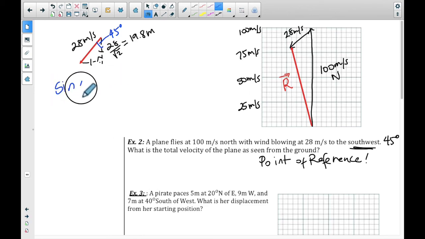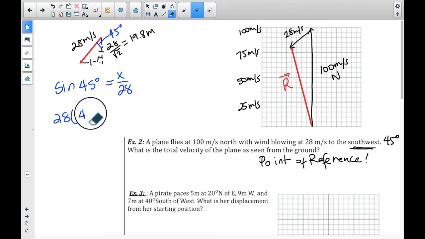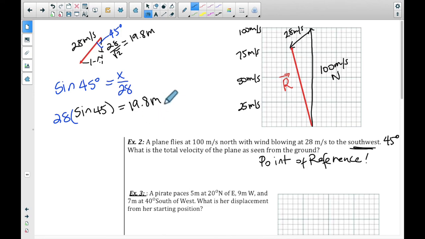We could say the sine of the 45 degree angle is opposite over hypotenuse. So to solve for x, on my calculator I'm going to take 28 times sine 45, and I also get 19.8. Make sure your calculator is in degree mode when you do that, because it was 45 degrees we were talking about. Okay, so each of those legs is 19.8.